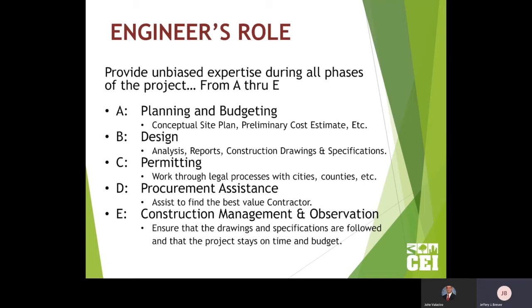If we do budgeting and planning right, it will lead to a great design that covers everything we want, puts it all on paper, and makes sure the design is good quality, budget conscious, and also built to last. It's going to lead us to permitting, and we'll talk a lot more about permitting in future webinars, because there's a lot to that. It used to be that outdoor facilities, turf and track, didn't go through a lot of permitting. That's quickly changing.